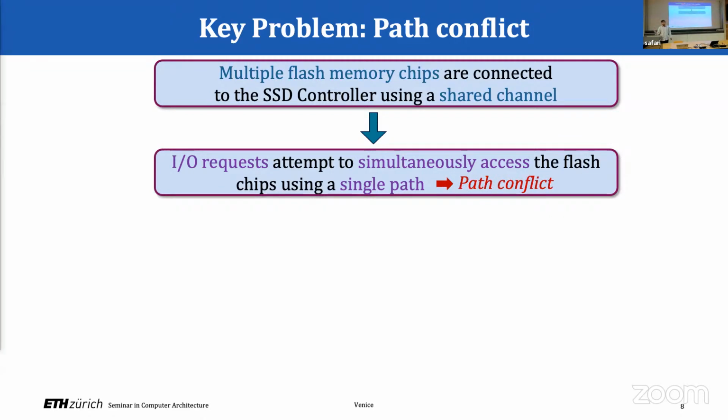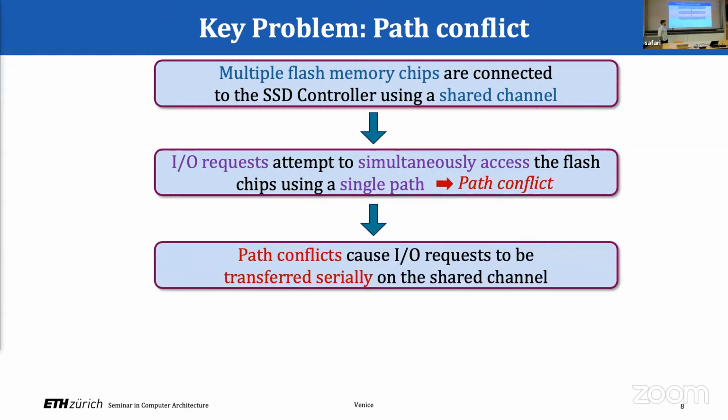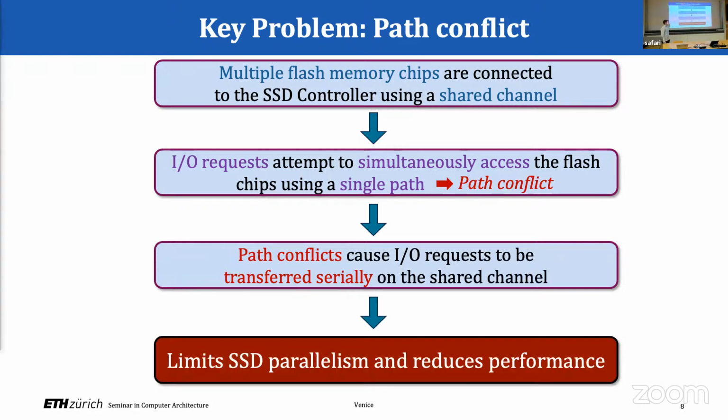Basically, one IO request already occupies a channel, and another one tries to transfer data but can't, and it's blocked. So a path conflict causes the IO requests to be transferred serially on a shared channel and not in parallel as we would like. This limits the SSD parallelism and of course reduces performance.